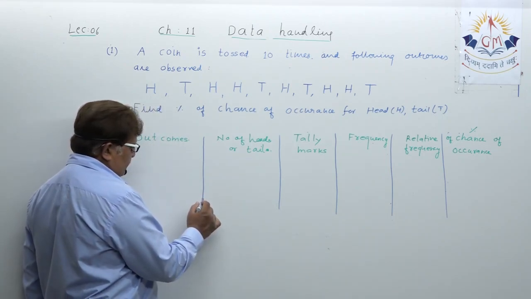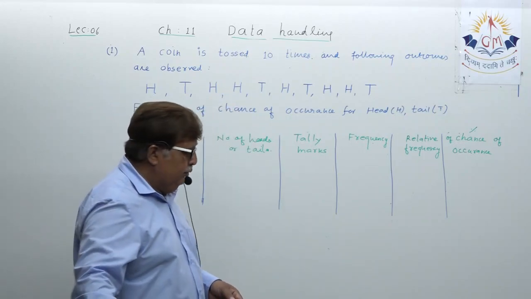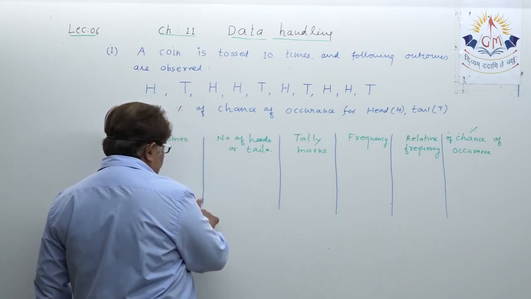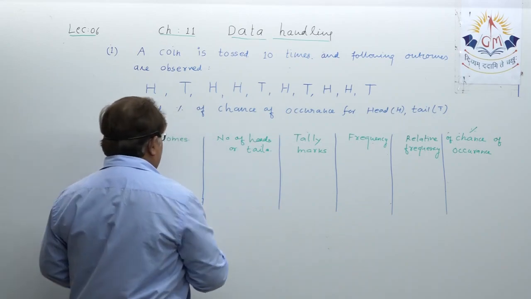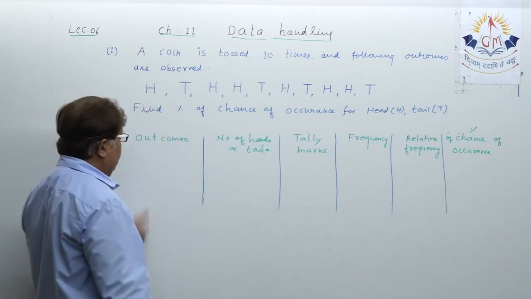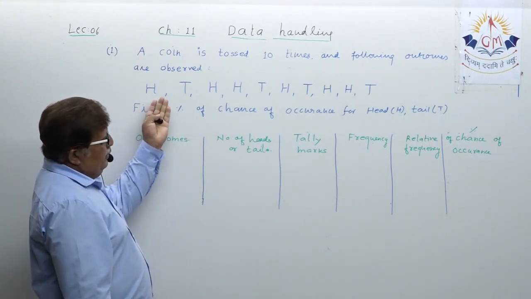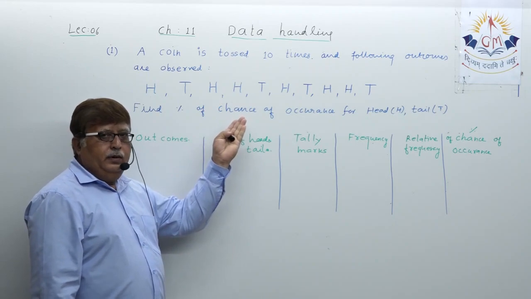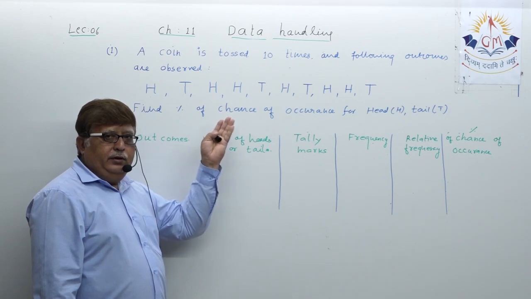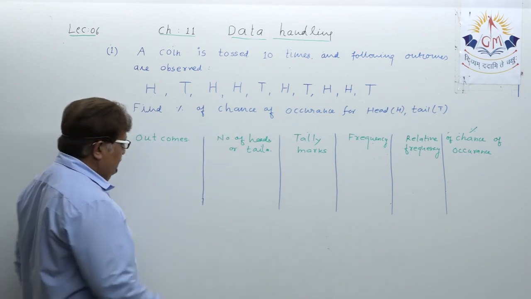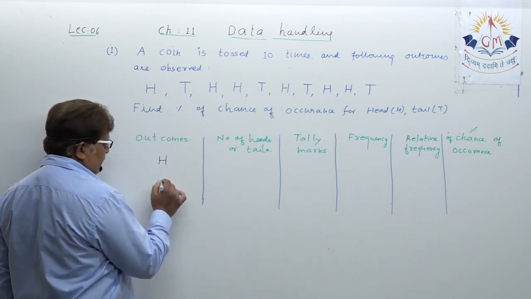Understood? Let us go on putting the values as usual. Can you tell me what I should place in outcome? What type of outcomes are observed by you, either H or T? So can I write this way, H and T?